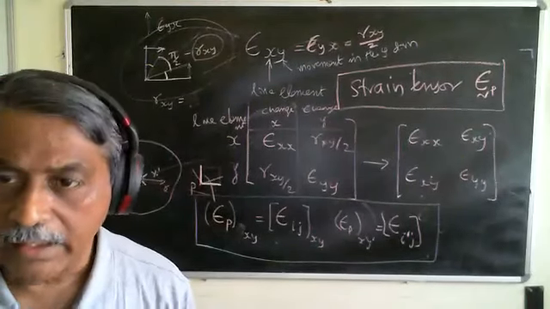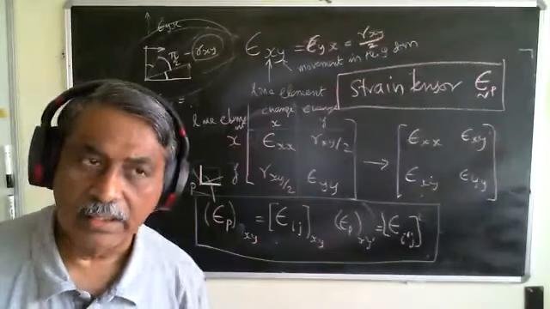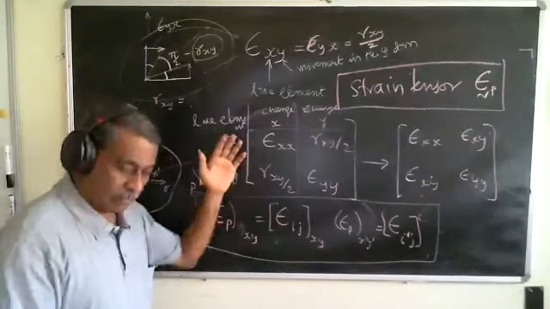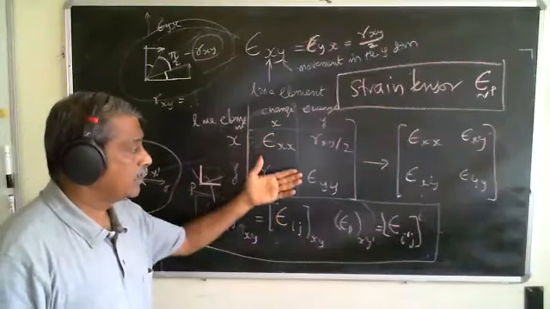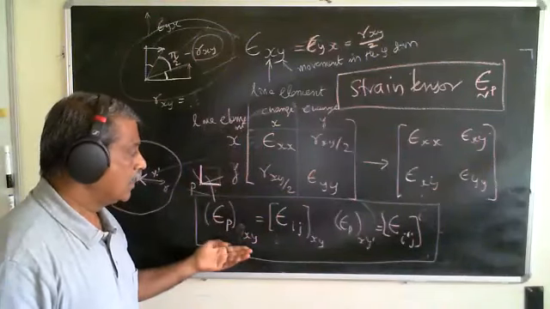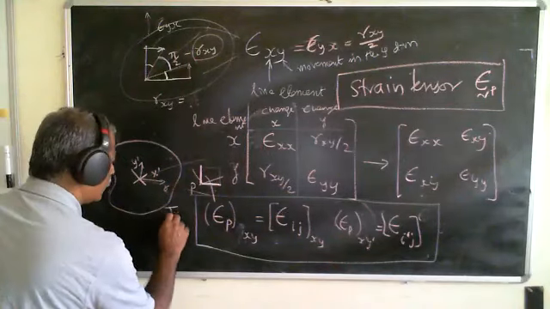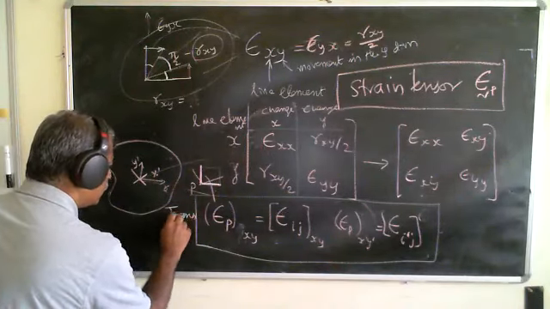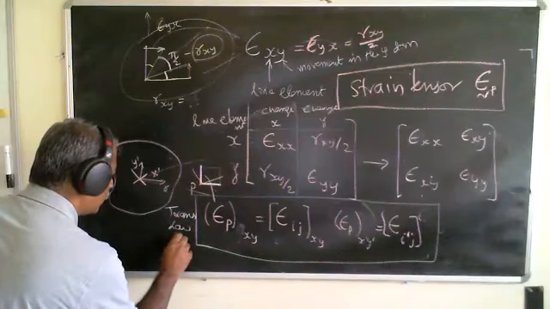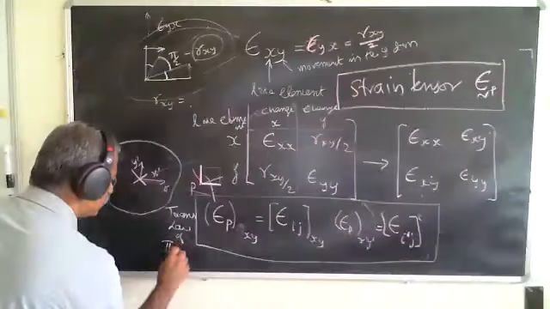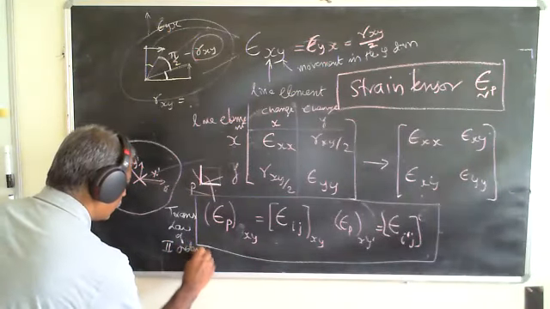It has two directions and a magnitude. And therefore it is a second order tensor. And we can use the transformation law pertaining to second order tensor. Okay.